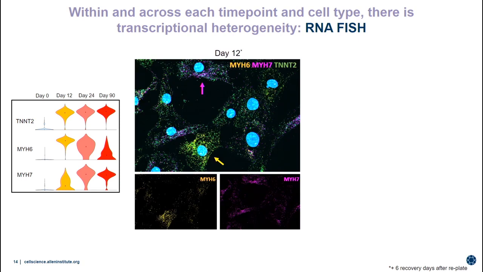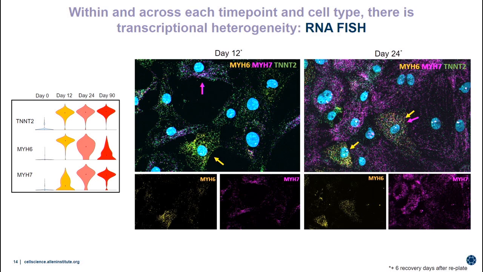In this case, I'm showing day 12 cardiomyocytes. And the same 3 genes are shown here, with MYH6 in yellow, MYH7 in purple, and then TNNT2. And hopefully what you can appreciate is that there are some cells that have preferential expression for the early isoform, and then also some that are later, and then the spectrum of expression profiles in between.